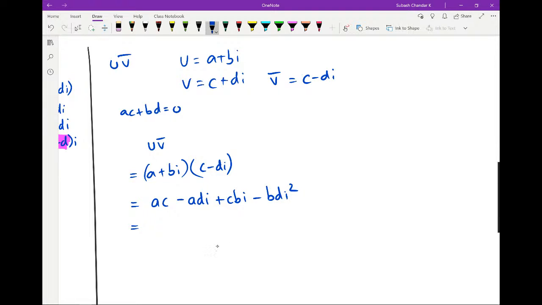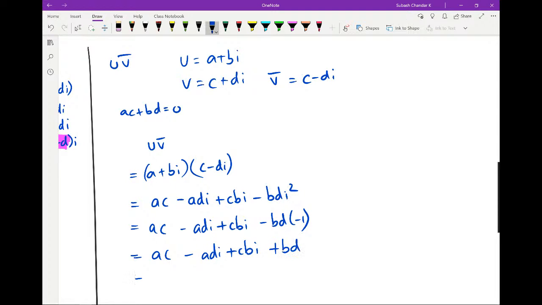So I squared is equal to negative 1, so we get AC minus ADI plus CBI plus BD. And what we've got is AC plus BD minus ADI plus CBI.